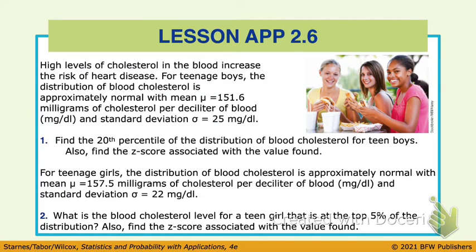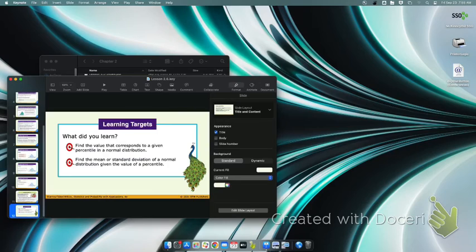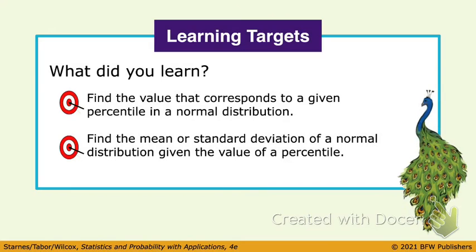We need to find the 20th percentile of the distribution of blood cholesterol for teen boys. We're going to find the Z-score associated with that value, and then we're going to talk about teenage girls. Good times, because we're equal here at McKinney Boyd High School. We talk about the boys and the girls.